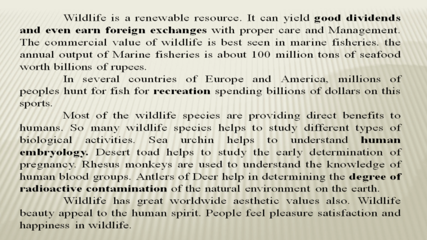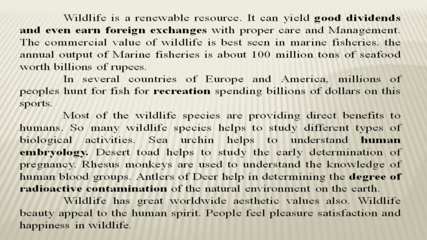Many wildlife species help to study different types of biological activities. Sea urchin helps to understand human embryology. Desert toad helps us to study the early determination of pregnancy. Rhesus monkeys are used to understand human blood groups. Antlers of deer help us in determining the degree of radioactive contamination of the natural environment on the earth.